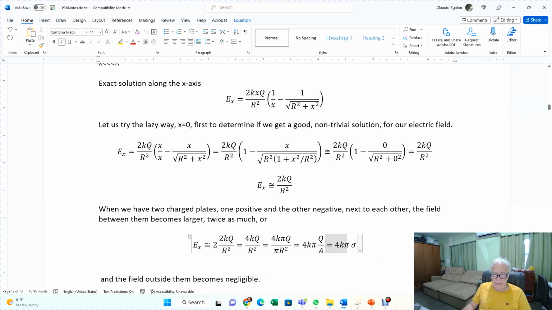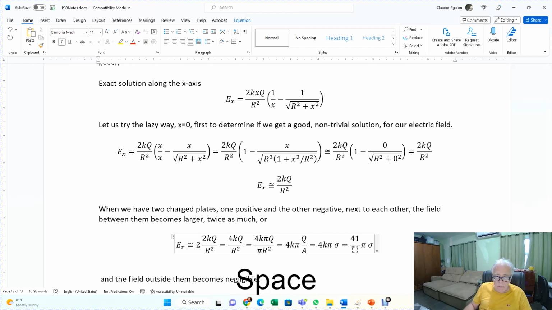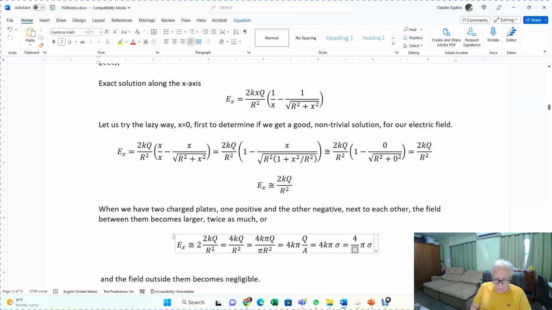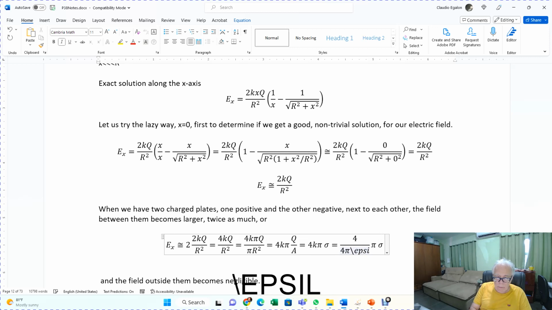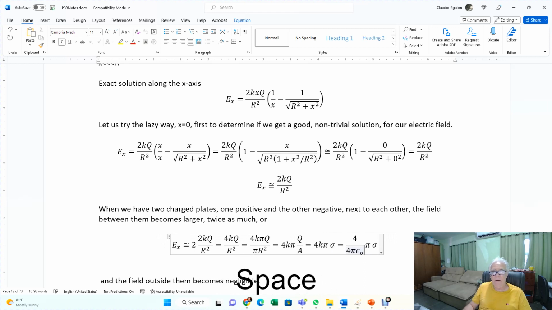Recall that this k that you see right in here can be rewritten in terms of the dielectric constant, right? Here you go, the dielectric constant epsilon naught. And what's that going to be? It's going to be 4 pi epsilon naught, the dielectric constant.